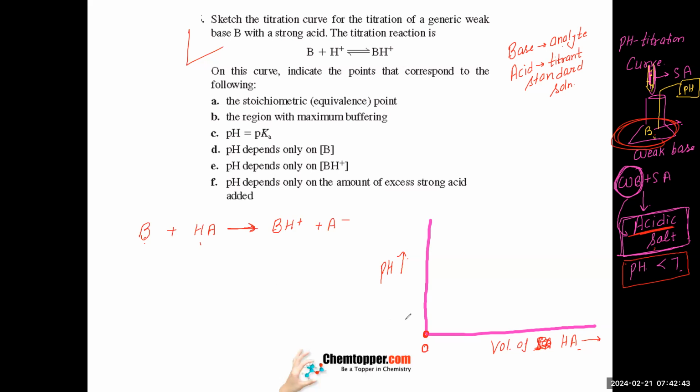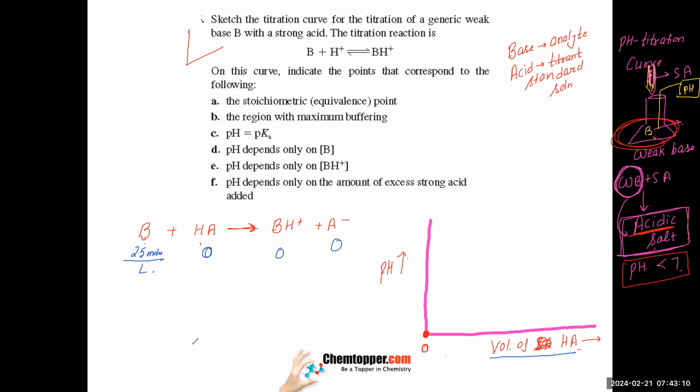Okay. Now, initially, when the volume of the acid added is 0, whatever concentration, let's say it is 2.5 moles per liter, that's the concentration. This is 0, 0, 0.